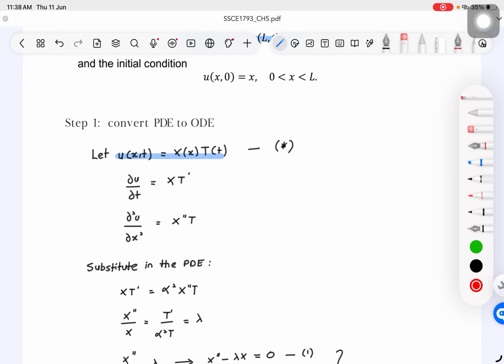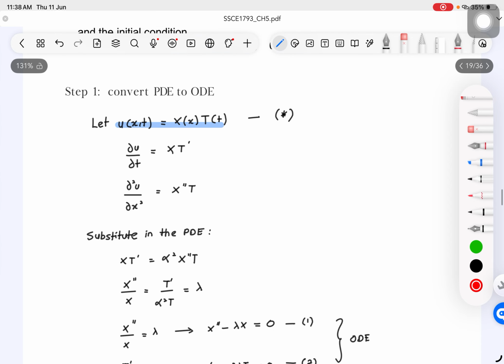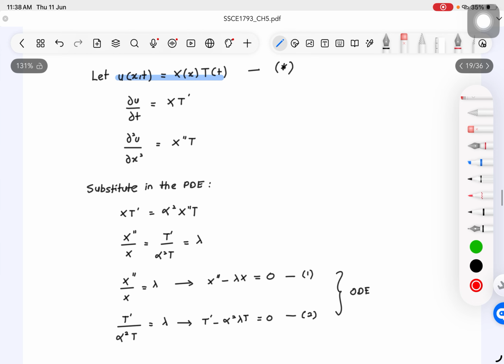Next, you need to separate the variables, X with X and T with T. You get it like this, and then make it equal to lambda. From here, you reduce the PDE to ODEs, so you are going to get two ODE equations.